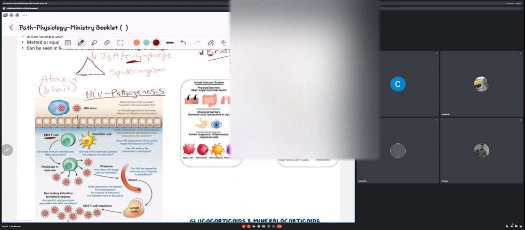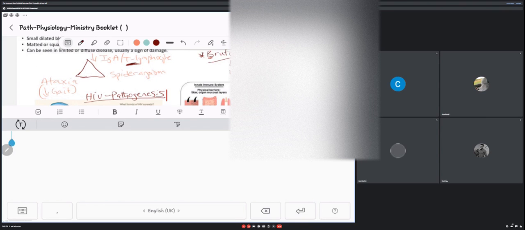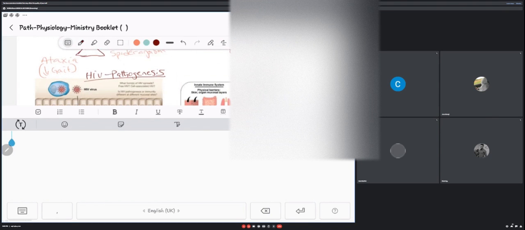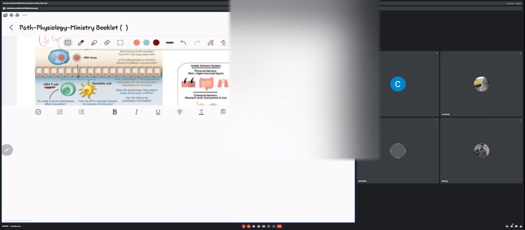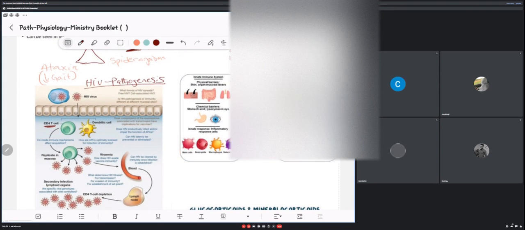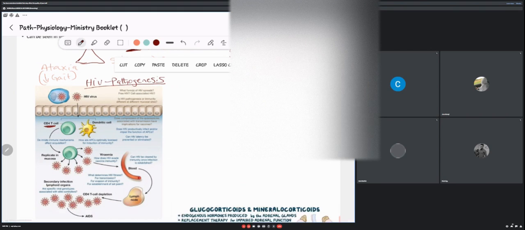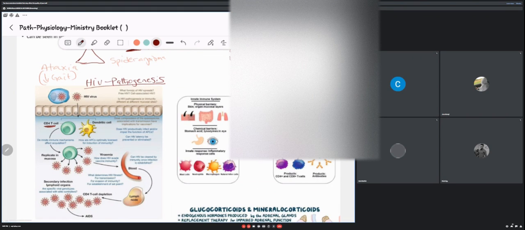Then there's the immune system. Okay, let me take it down. I think this is better. The immune system has different barriers and different structures.